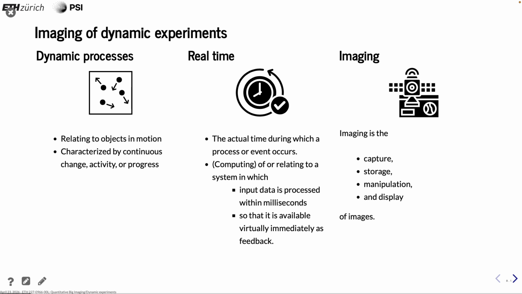Can also be just changes in gray levels in the image. Could be also an increasing amount or decreasing amount of items in the image. So that is the process that we want to observe.